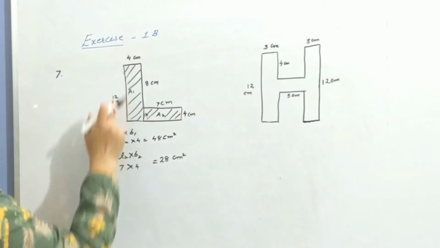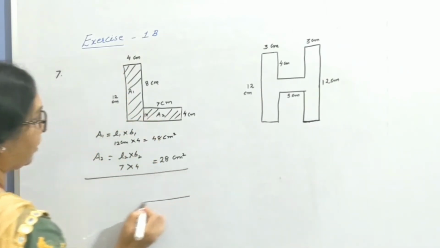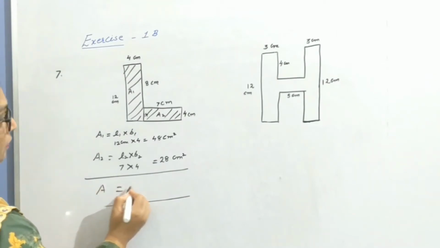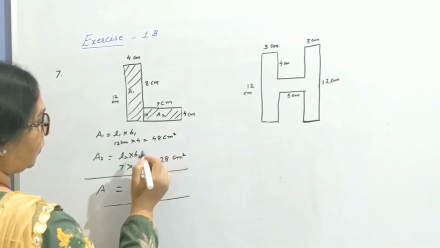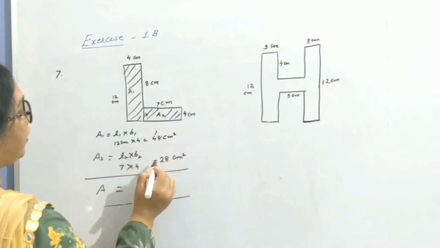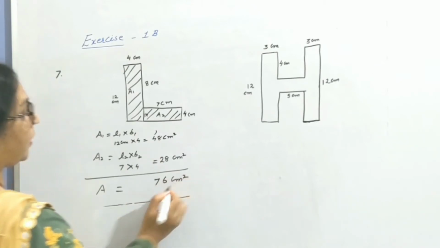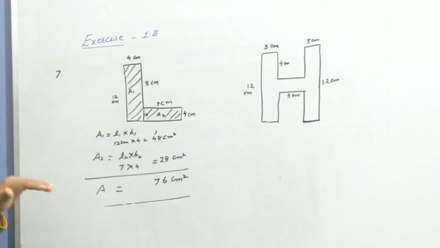Clear? So the complete area is the sum of the two, A1 plus A2. So let's find the final area of the figure, the sum of these two. 48 plus 28. 8 plus 8, 16, 1 carry. 4 plus 2, 6, plus 1, 7. 76 centimeter square. Hence the area of this figure is 76 centimeter square.